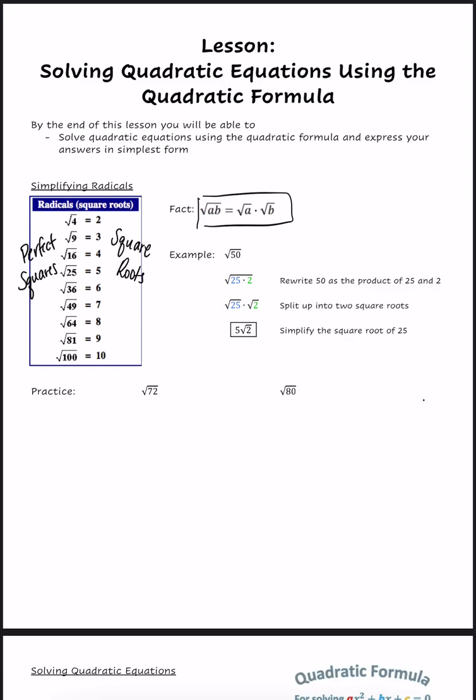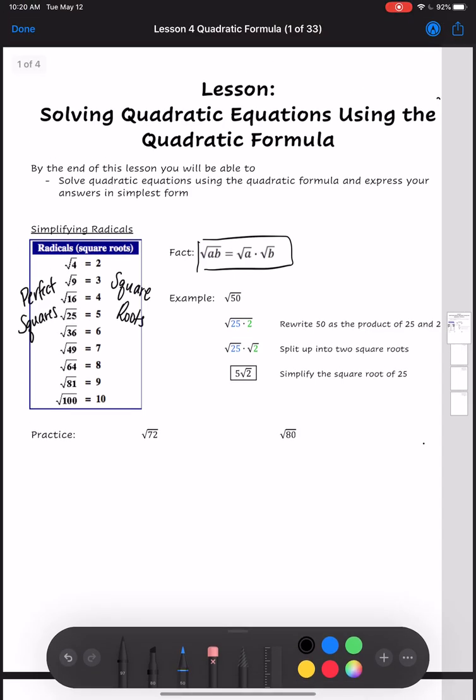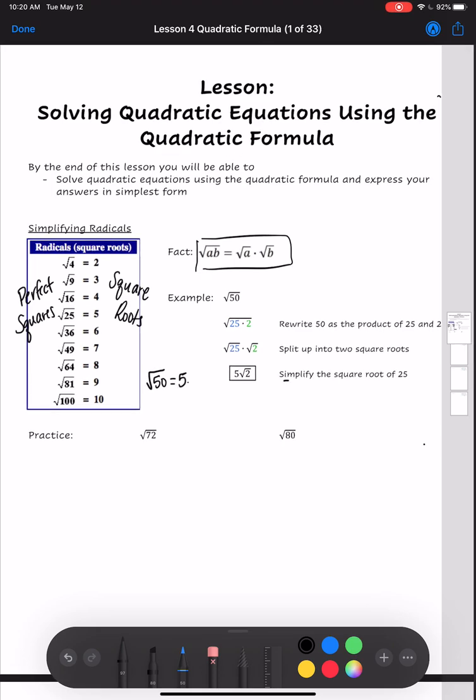What we're looking for is the largest perfect square that can go into 50, which I'll show you when we get to the practice. But then you're going to split up into two square roots. So now we have two radicals. We don't just have one. Then from there, you simplify the square root of 25, and the square root of 25 is 5. So your answer is 5 radical 2. So what that means is the square root of 50 simplified is equal to 5 radical 2.